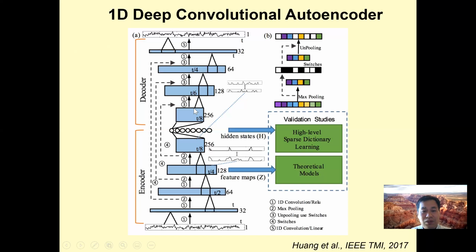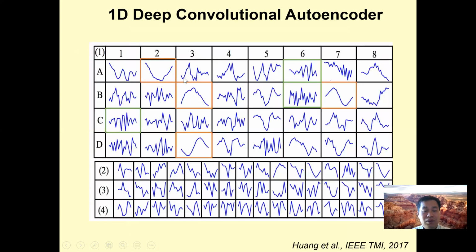Through this deep learning model, we are able to decompose the original time series with a couple of very meaningful filters, which are the kernels, the weights in the deep learning models. If we extract those filters or the weights of those filters, we can see the time series looks like some of the tasks in the fMRI. So for example, upside down.